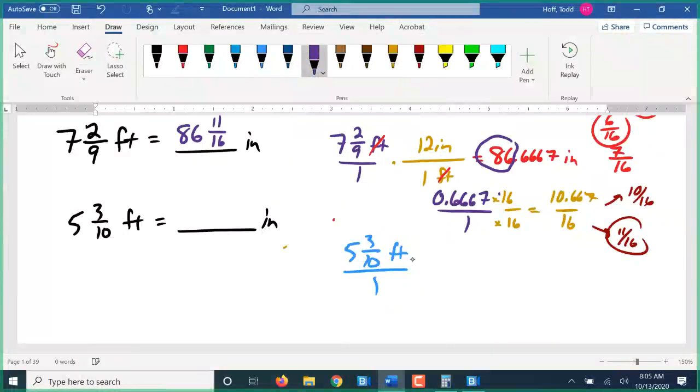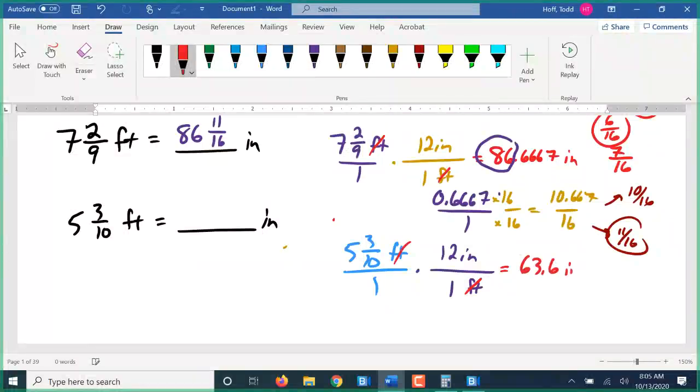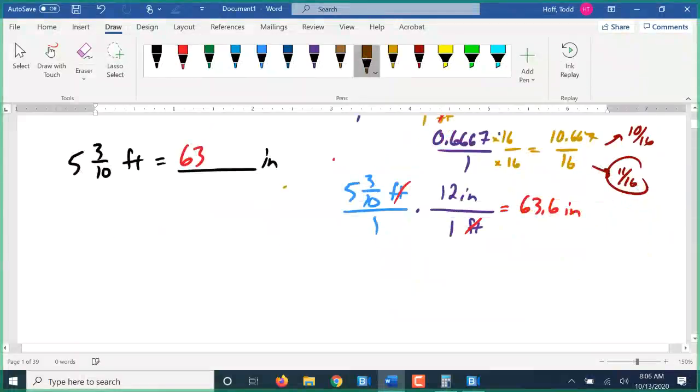So we do our 5 3/10 feet over 1. 1 foot is 12 inches. 5 3/10 times 12 is 63.6 inches. So we're going to keep our 63. Take the 0.6 over 1.